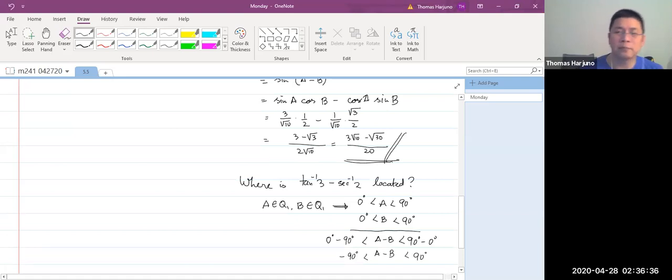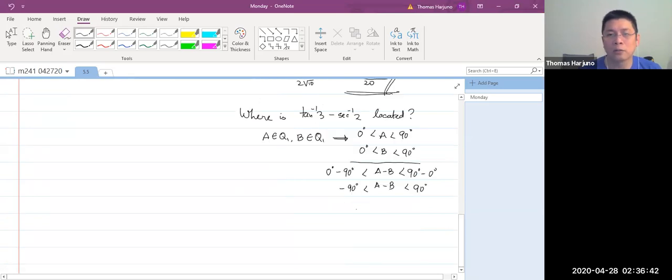Okay, so basically it is either in quadrant 1 or quadrant -1. You see, from negative 90 degrees to 0, that's quadrant -1. From 0 to 90 degrees, it's quadrant 1.